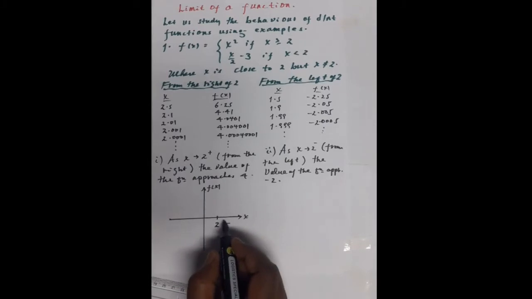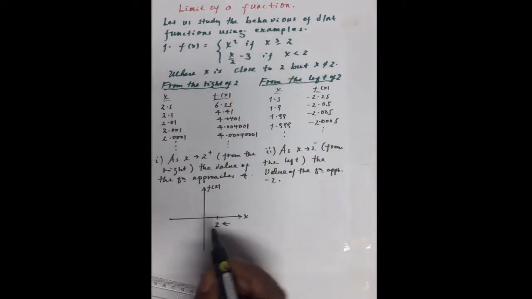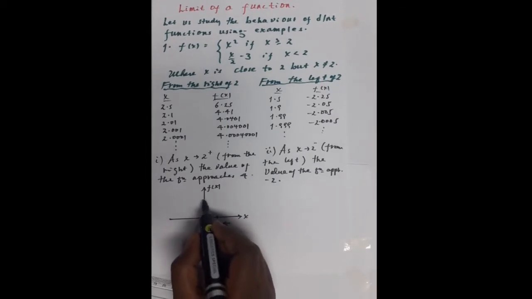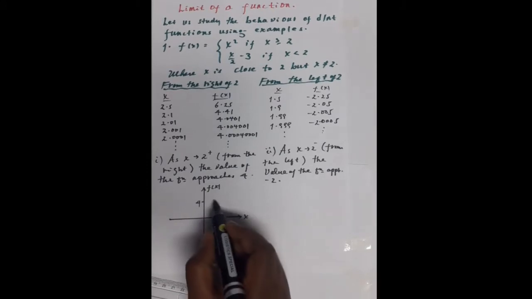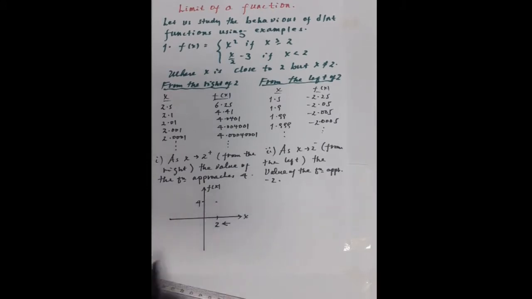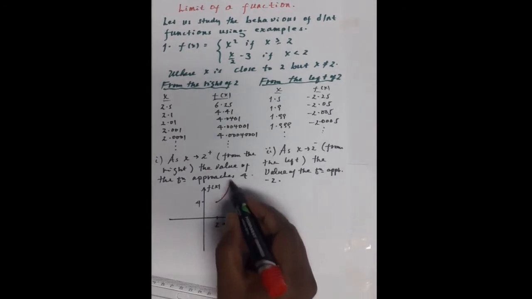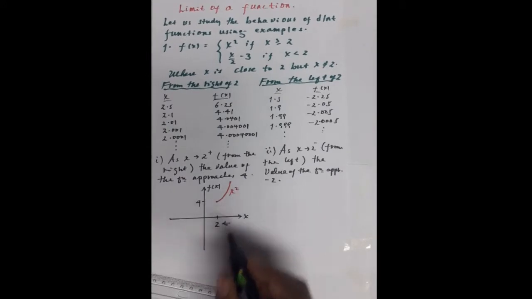As we approach 2 from the right, our function is parabolic, approaching 4, x squared.